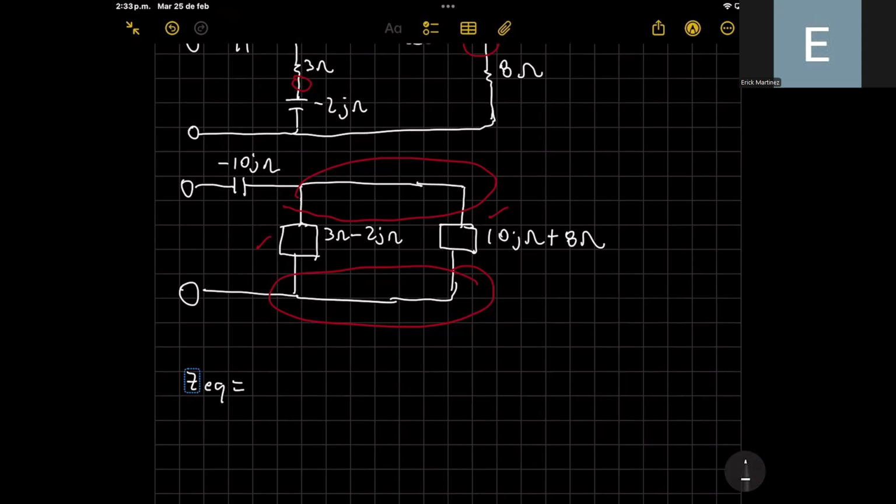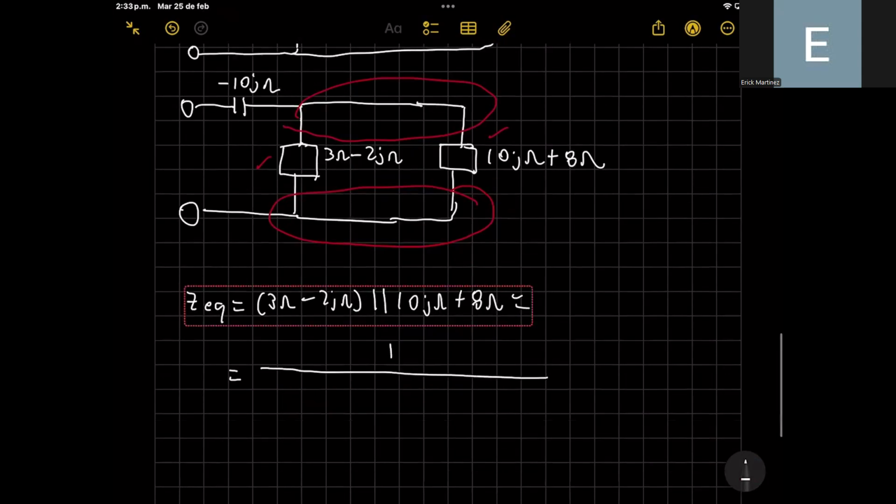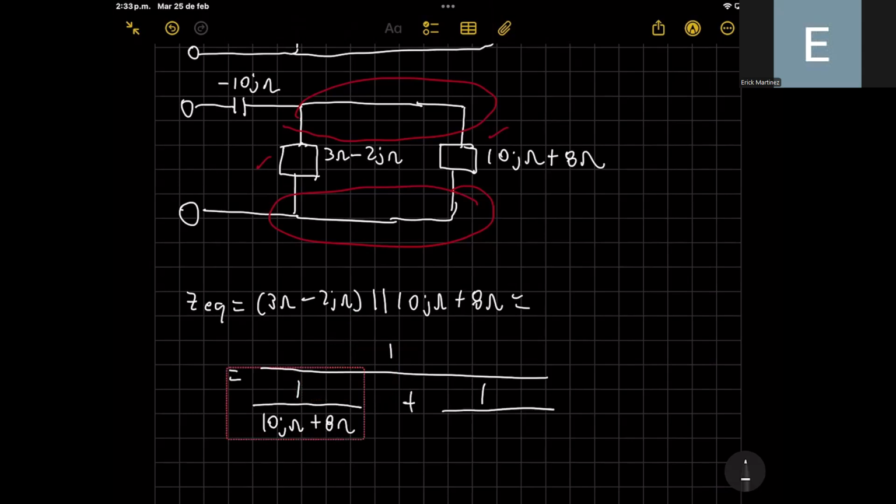So the equivalent impedance between 3 ohms minus 2 J ohms that are in parallel with 10 J ohms plus 8 ohms is equal to 1 over, 1 over 10 J ohms plus 8 ohms plus 1 over 3 ohms minus 2 J ohms.